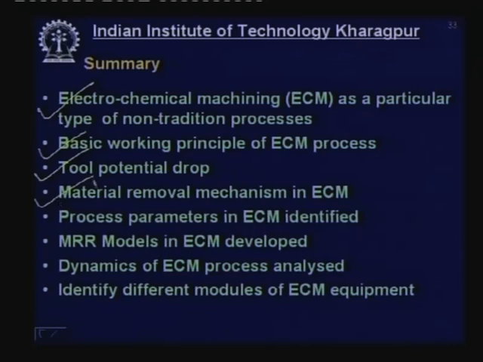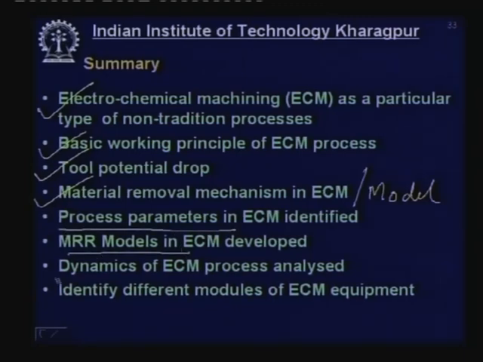You know the material removal mechanisms of electrochemical machining, as well as you can model it, that is very important. You know the process parameters, and models have been developed. Dynamics of ECM is very important, that has been analyzed, and another important area, the different modules of ECM equipment, has been talked about, along with typical applications. So, with that we come to an end of today's lecture. Thank you so much.